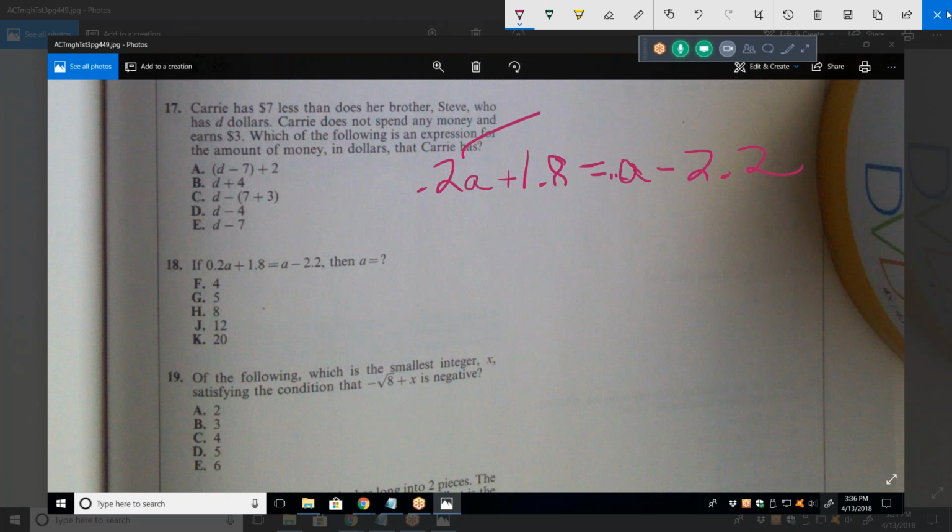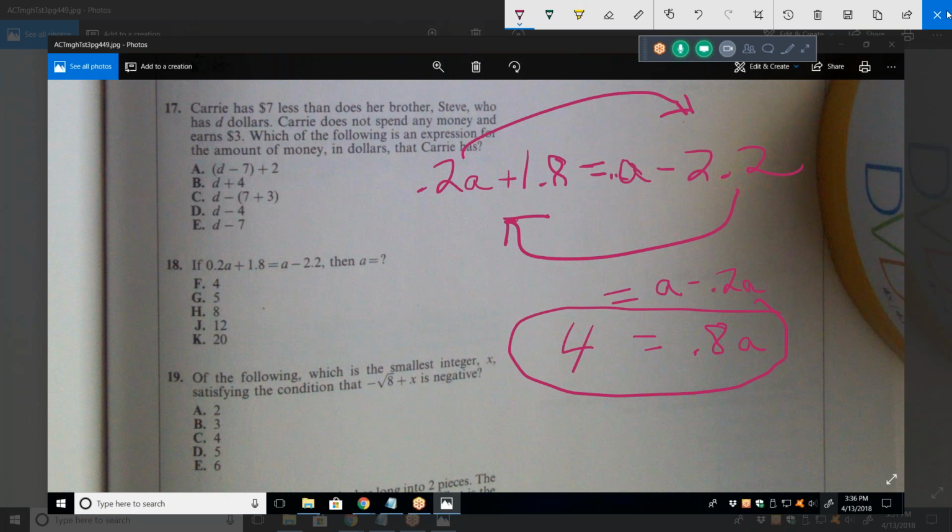I'm going to move that to the right, and I'm going to move that to the left. That helps a little bit because now I got A minus 0.2A on the right, which is 0.8A, positive coefficient. And on the left, I get a positive 4. So I have no negative coefficients.